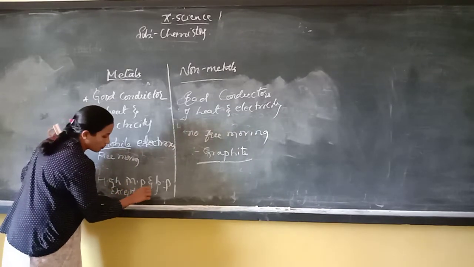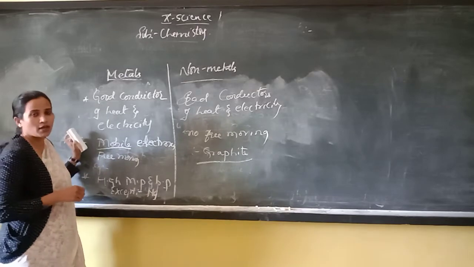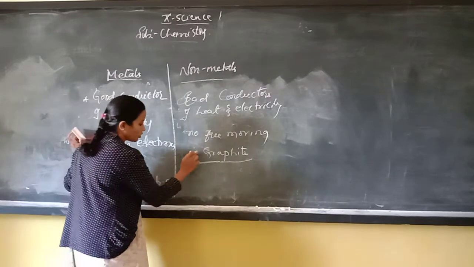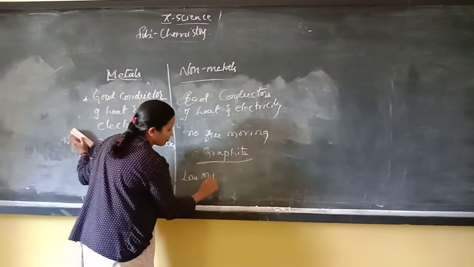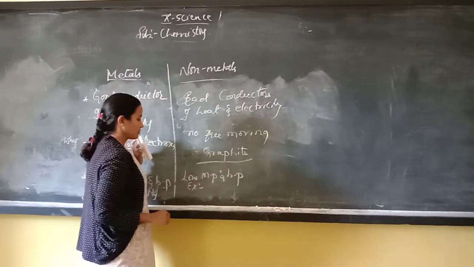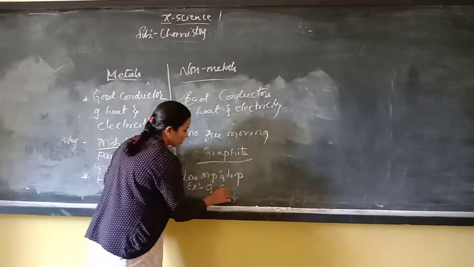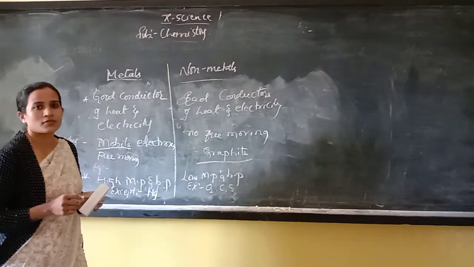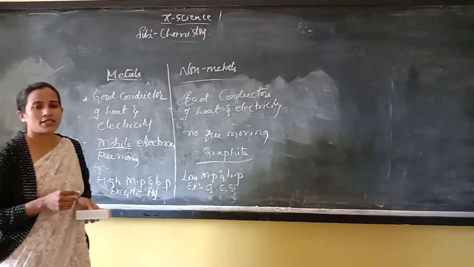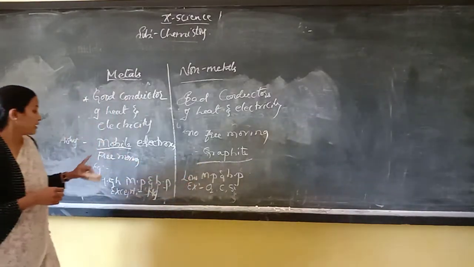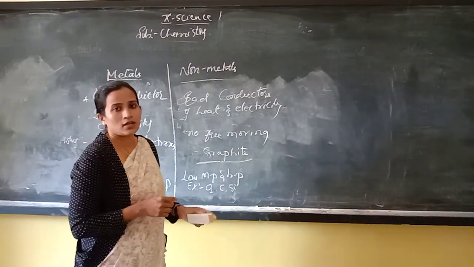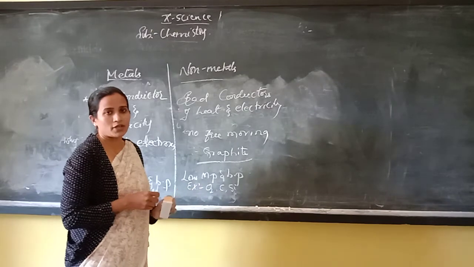Mercury has low melting and boiling points. Non-metals have low melting and boiling points, except oxygen, carbon, sulfur, silicon, and the like, which have high melting points.